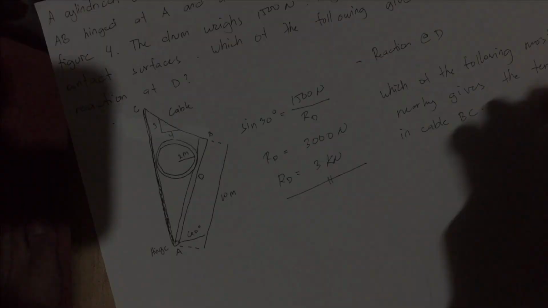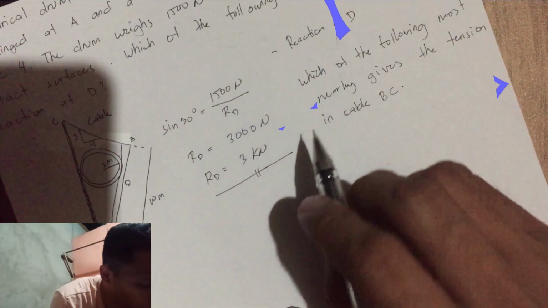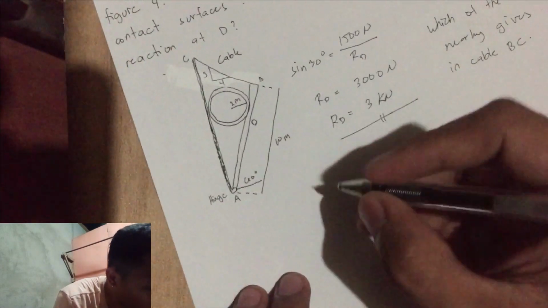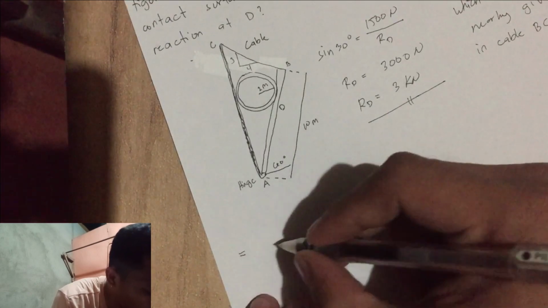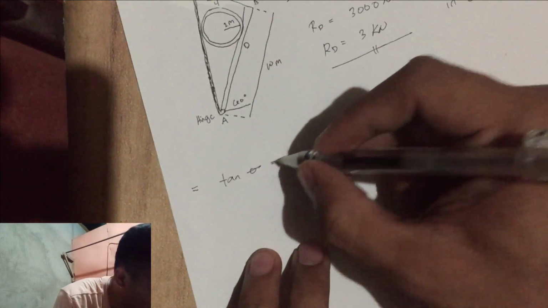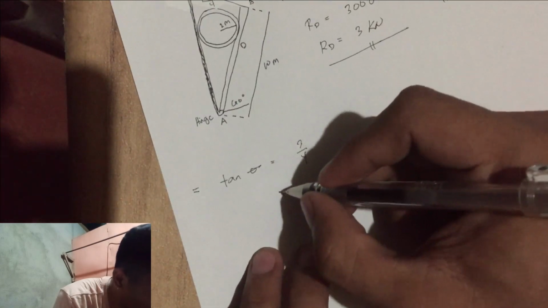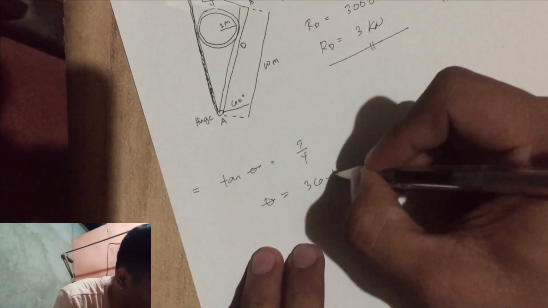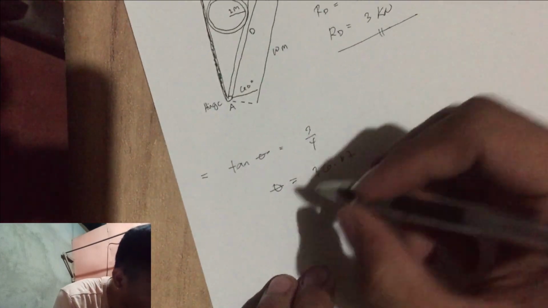Next, which of the following most nearly gives the tension in cable BC. We have tan theta equals 3/4, so theta equals 36.87.